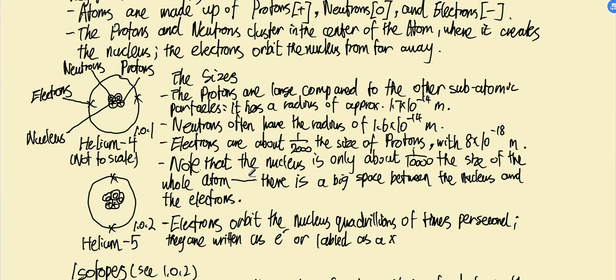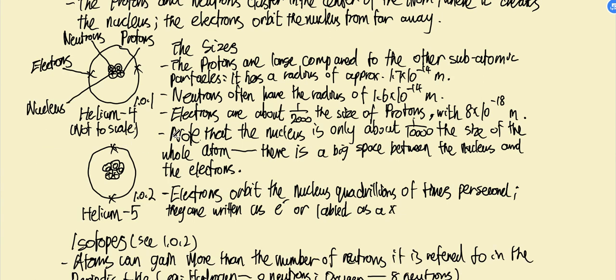I've added a point here that the nucleus is only about 1 over 10,000 the size of the whole atom. I said atoms are mostly empty space. There's a huge space between the nucleus and the electrons. If we took all the empty space out of the whole observable universe and put all the atoms together, what you'd get is really small, maybe the size of your body, or maybe the size of Earth. I've never really measured it, but it's really small.